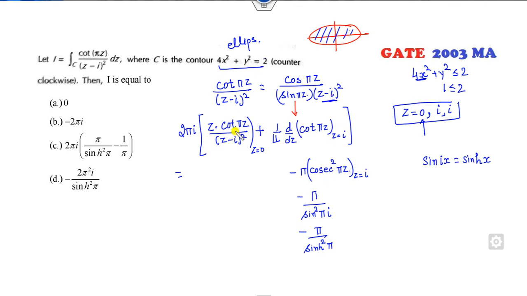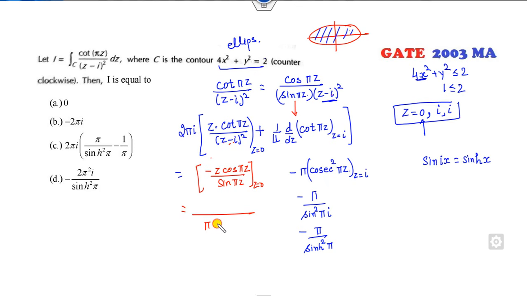Fine. Now we can see here what is the residue at 0. So if I substitute here, cot of 0 will be infinity. So 0 into infinity. So we can apply the L'Hopital rule. So can you find the derivative of this? I can write this portion as, if I substitute 0, cos is ι square, is minus 1 outside. So I can write this as cos(πz) over sin(πz). Now what is the value at z equal to 0? I can apply the L'Hopital rule.